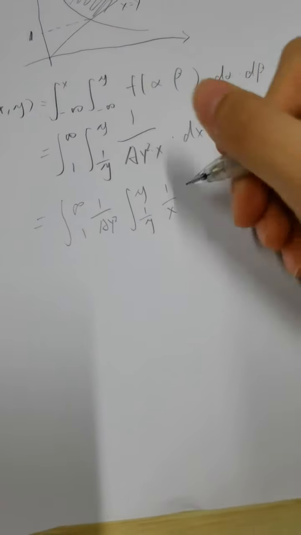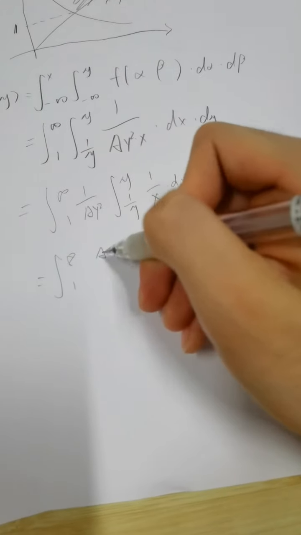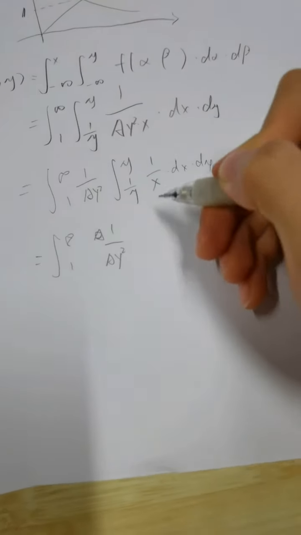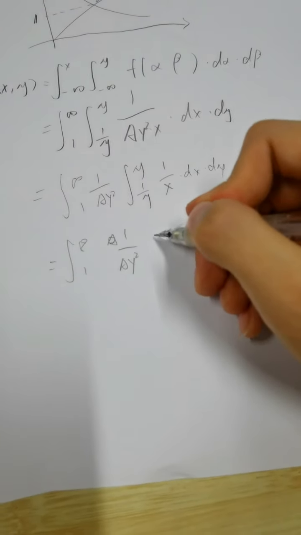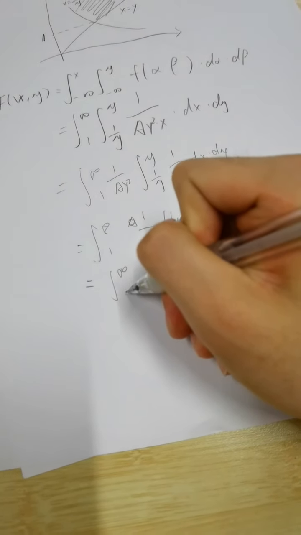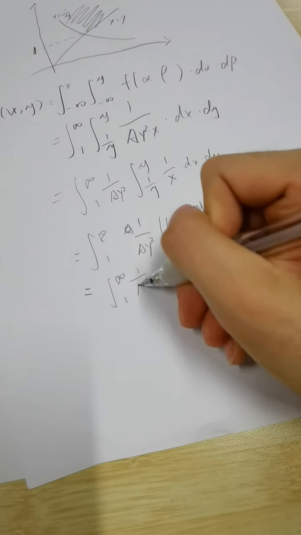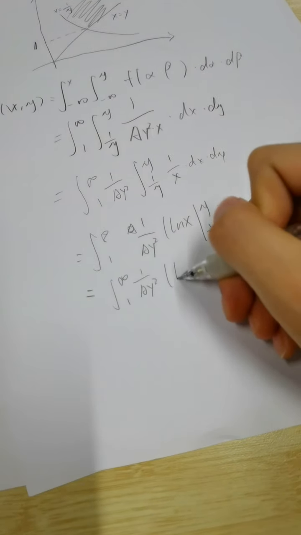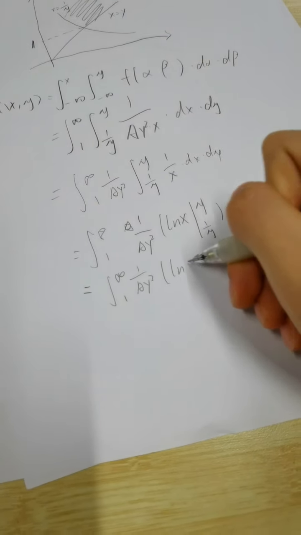So we integrate in here, and we get ln x from 1 over y to y, times dy. After that, putting in the limits, we get the integral from infinity to 1 of 1 over a y squared times ln y minus ln 1 over y, dy.